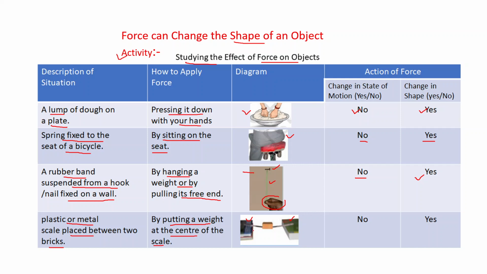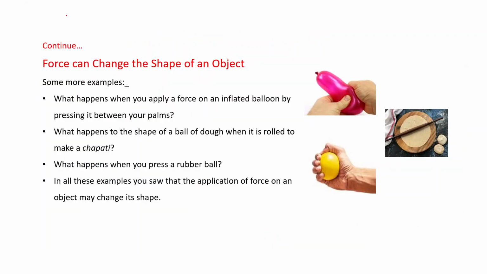This is a scale and you place this brick on it. What happens? You can say that the shape of this scale will change, but there is no change in the state of motion. Shape is changed. From all these activities, we can conclude that force can change the shape of an object.